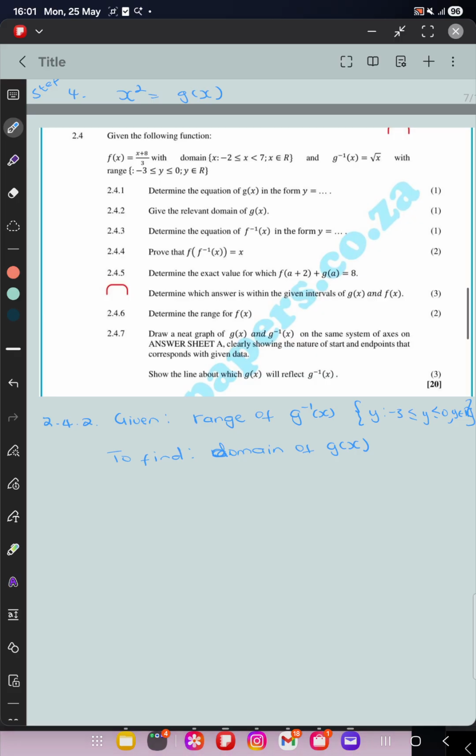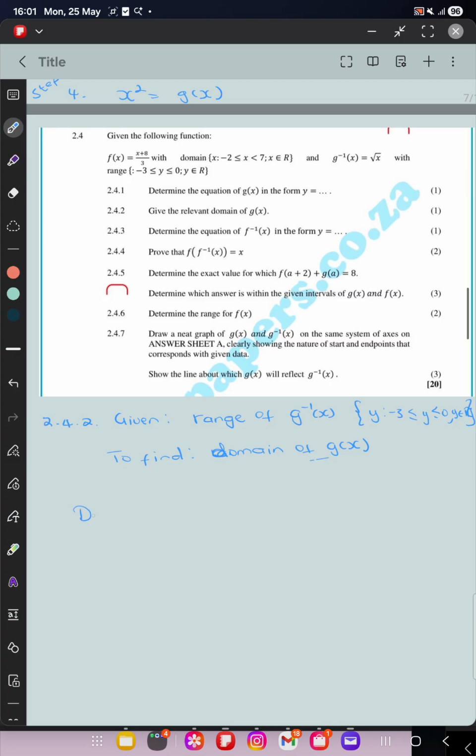We spoke before that the range and the domain always interchange. So this is going to be the domain of g of x, but now with x's where there are y's.